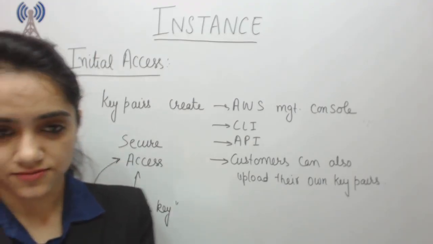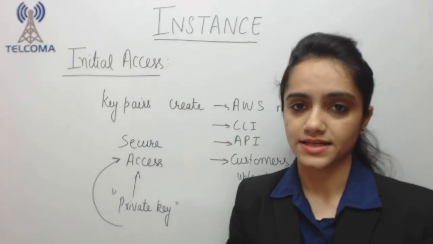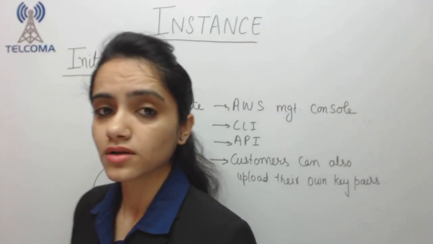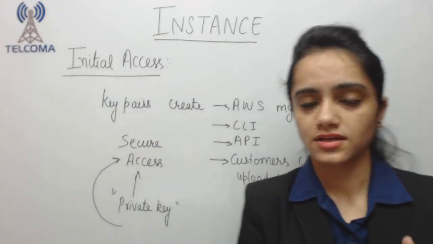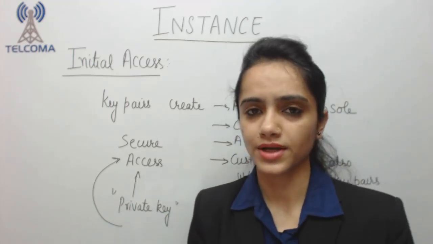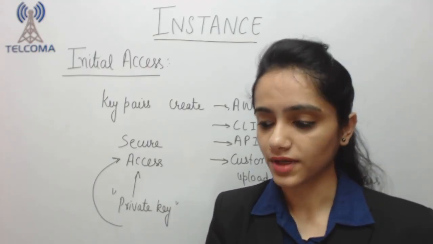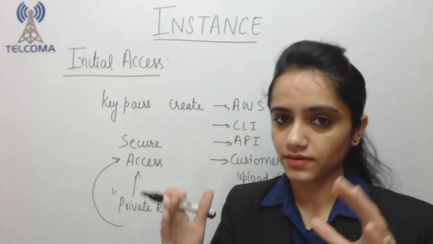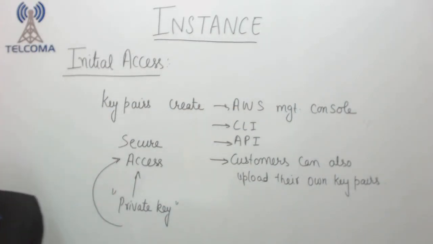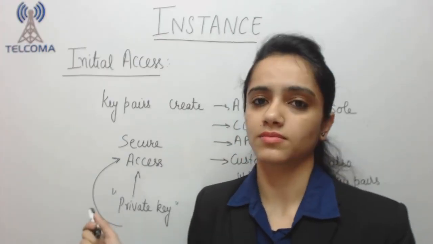Now, whenever we launch a Windows instance, Amazon EC2 generates a random password for the local administrator account and encrypts the password using the public key.